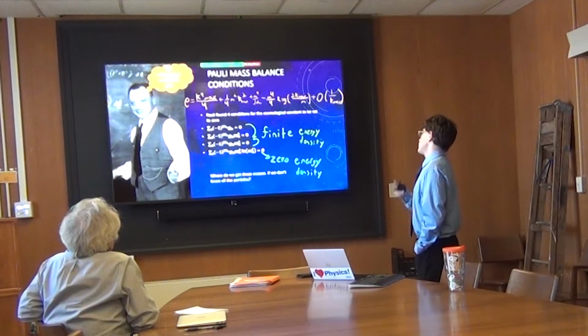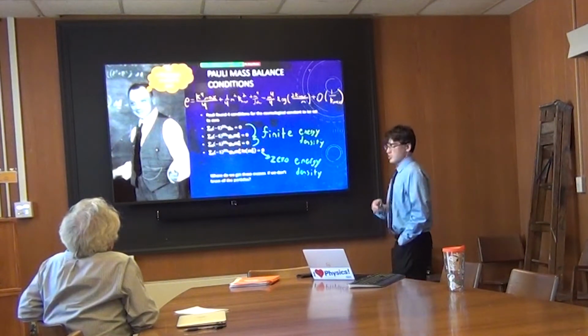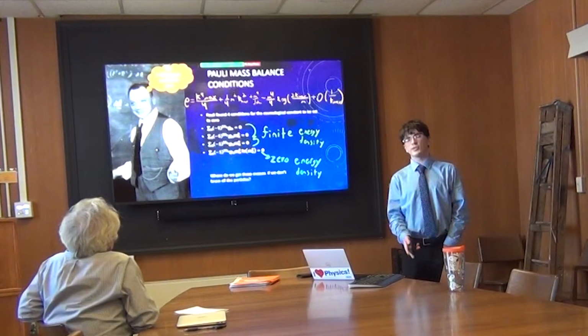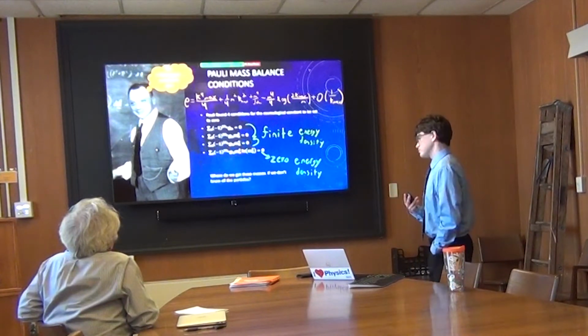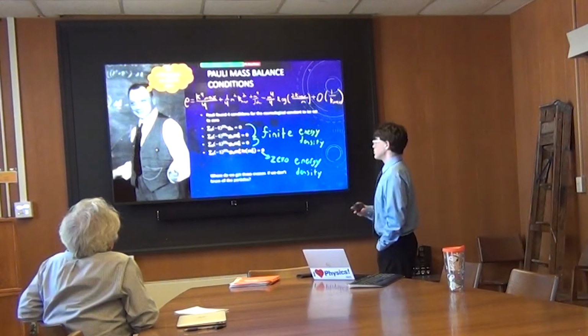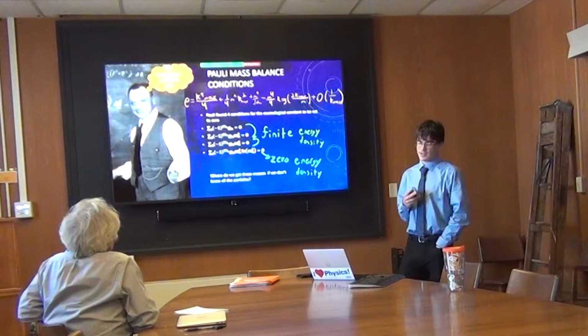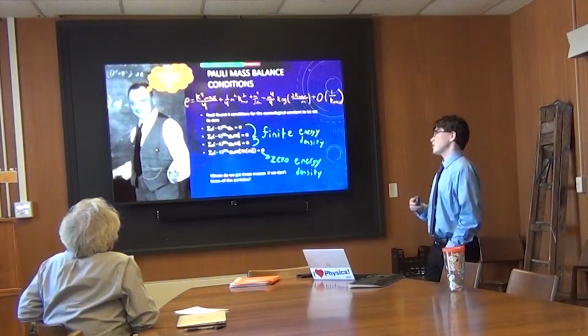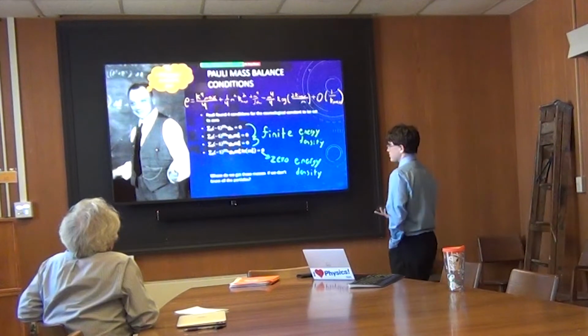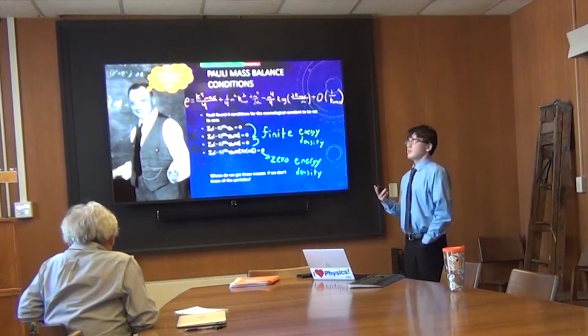So, using the first 3 conditions is the backbone of the code that Dr. Prado and I have worked on, where we are going to try to find ways to calculate finite positive vacuum energies.